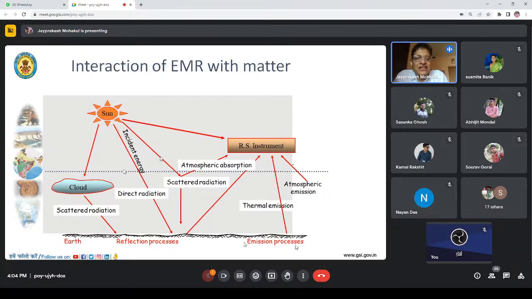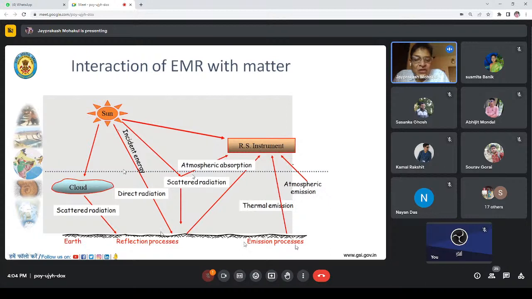A variety of energy gets scattered and absorbed by the atmosphere and then goes to the sensor. Some comes directly to the sensor from the sun. Some passes through the cloud, gets deflected, and then gets reflected back. Some light energy is contained on the surface of the earth and gets heated up, and finally gets emitted. Those also go to the remote sensing instrument. And then you have atmospheric emission.